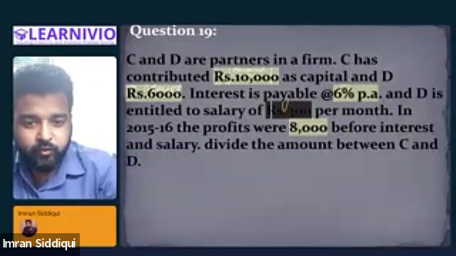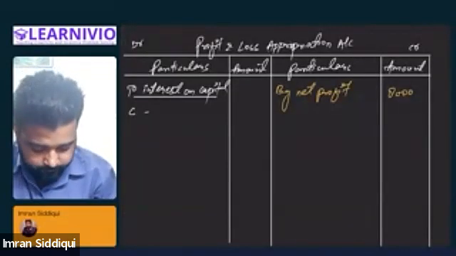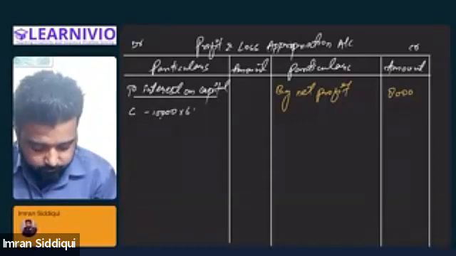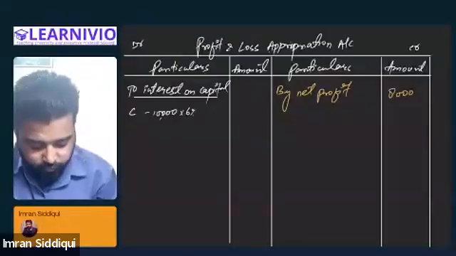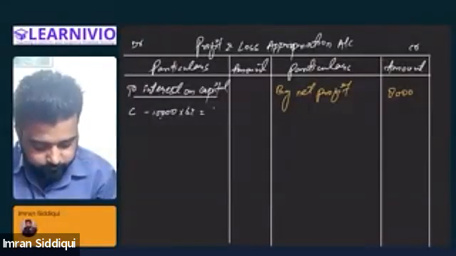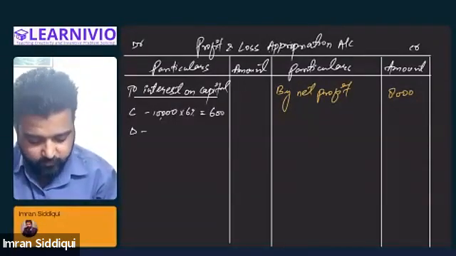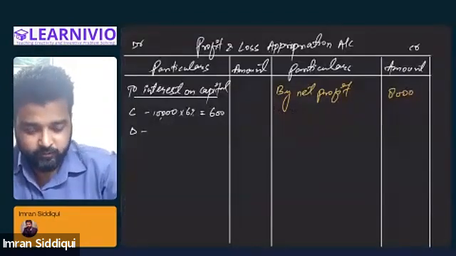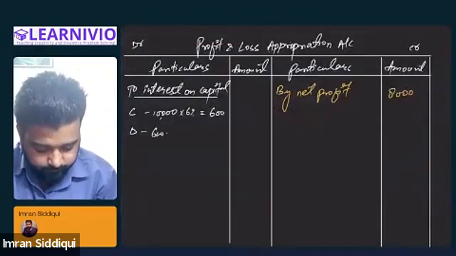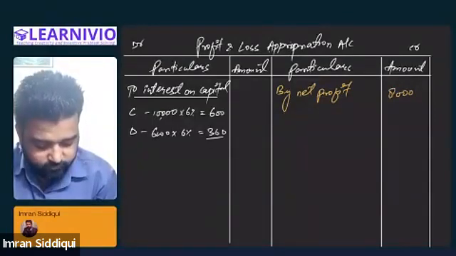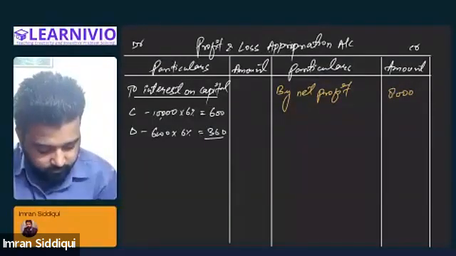On his capital contribution of 10,000, he will be paid 6% per annum. So 6% of 10,000 will be 600, right? And D will be getting 6% on 6,000, 360. So the total of this will be 960.